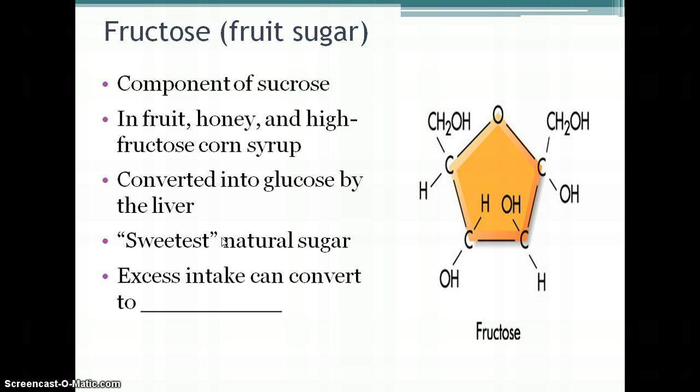It has that sweet flavor. Body cells will not utilize fructose, so the liver, once it receives it, will convert it into glucose, which is the monosaccharide that the body can make use of. However, if we ingest too much fructose, and we would typically do so if we had too many products sweetened with high fructose corn syrup, then the body can convert some of that fructose into lipid, or also known as fat.